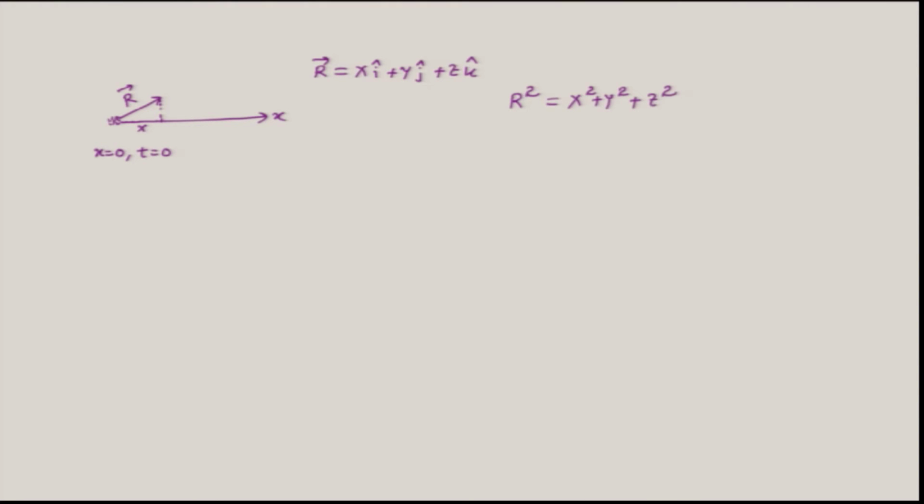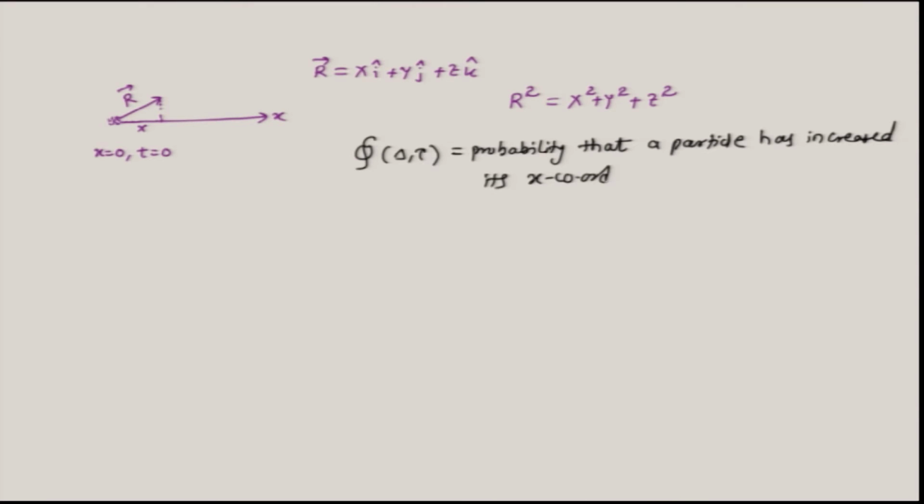and r square would be given as x square plus y square plus z square. So, what Einstein did, he defined a function phi of delta tau, which defines the probability that the particle has increased its x coordinate by delta in a small time interval tau.